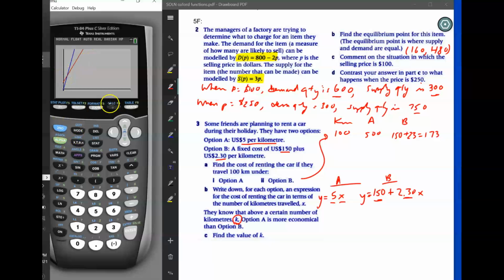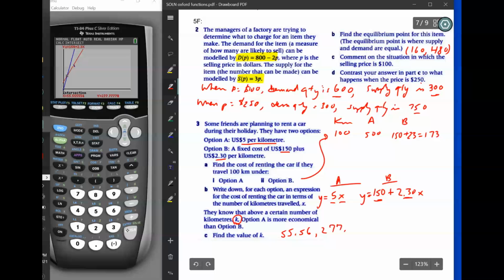So you do second calc intersect. Enter, enter, enter. And the intersection is 55.56, comma 277.78, which means that when the number of kilometers is 55.56, the price is $277.78.